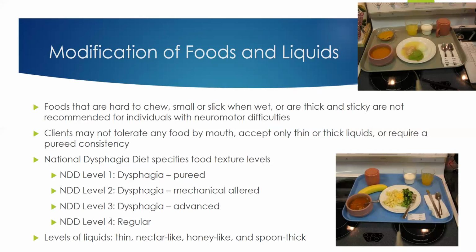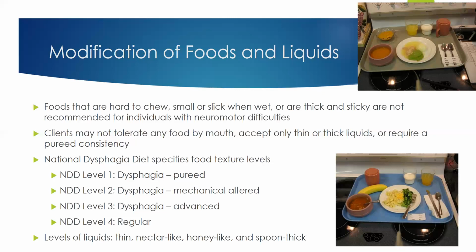And then the advanced is one step below a normal diet, and would exclude things like raw carrots and seeds and sometimes mixed consistencies. So there's a variety of things that are not recommended in the advanced diet, whereas a regular diet would be the diet that you and I would eat.